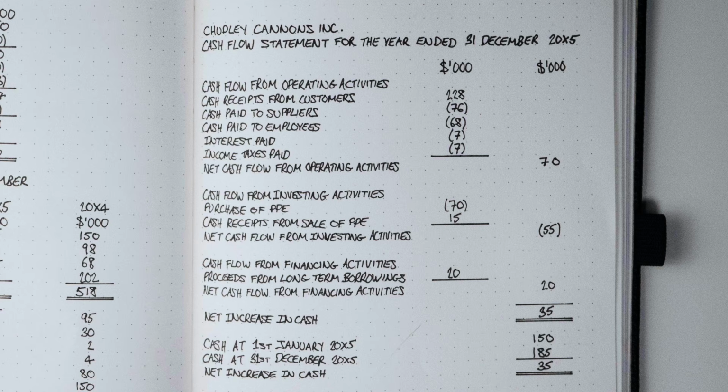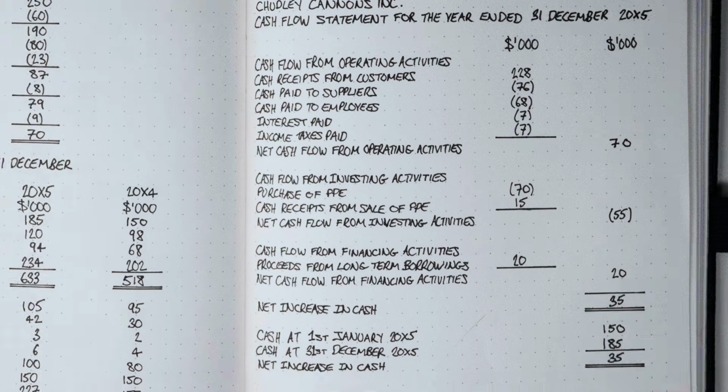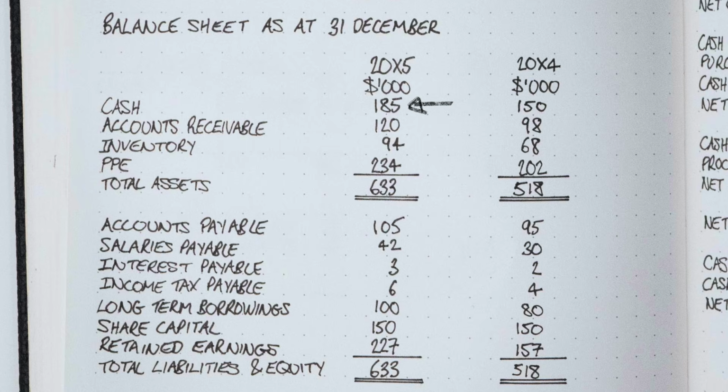We can see that the Cannons have a net cash increase of $35,000 for the current year, which ties to the movement in the cash balance, which we can see below, and which we can get from the balance sheet. The closing cash balance for the current year of 185, less the closing balance from the prior year of 150, gives us a $35,000 increase in cash.